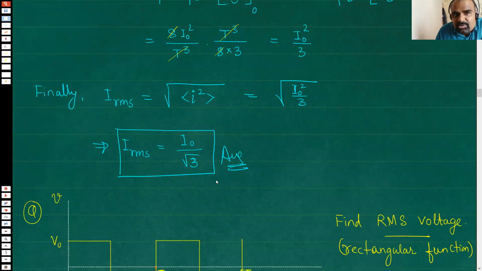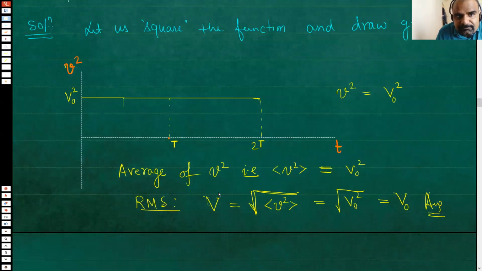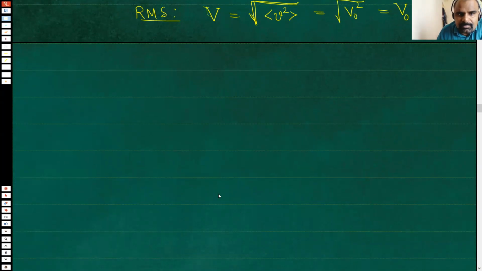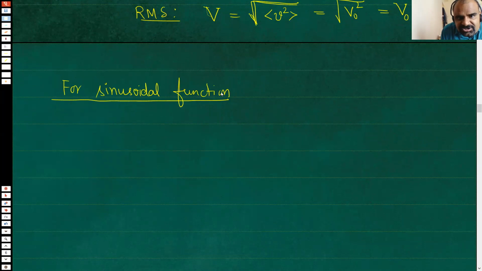For a sinusoidal function? Peak value by root 2. Yeah. See, and whatever things we did today, we studied triangular function, rectangular function, but they are not practical. Practically, the AC that we get in our household are sinusoidal function.